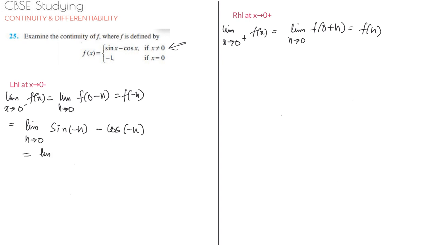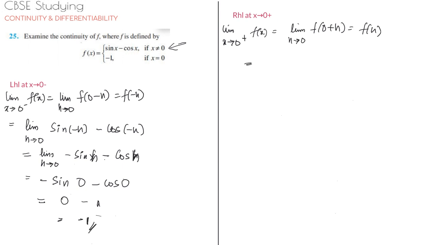So we know that sine of minus x is equal to minus sine x, right? And cos of minus x is equal to cos x. So minus sine h minus cos h, right? And then we substitute the value of h. So minus sine 0 minus cos 0. Sine 0 is 0, cos 0 is 1, so 0 minus 1, that is equal to minus 1.